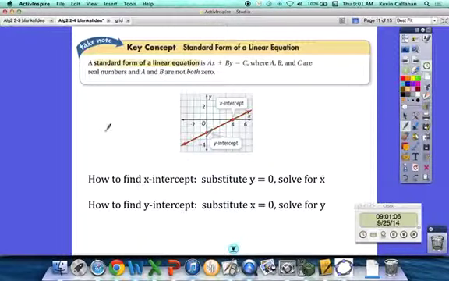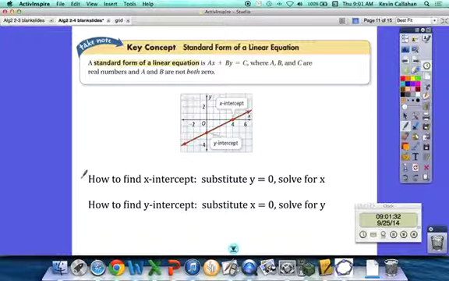Because, again, what did we say about these intercepts in the last lesson? The way you find an x-intercept, since the y-coordinate is 0, you substitute y equals 0 and you solve for x. The way you find a y-intercept is you substitute x equals 0 and then you solve for y. Those two pieces of information work no matter what kind of function.